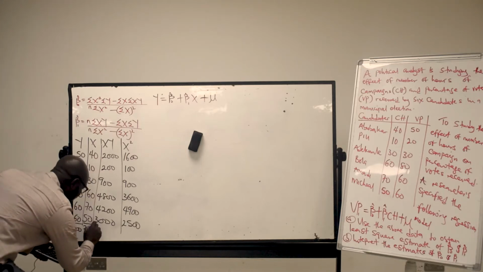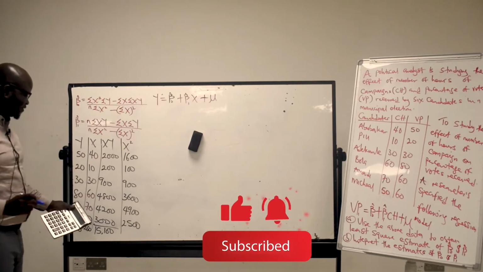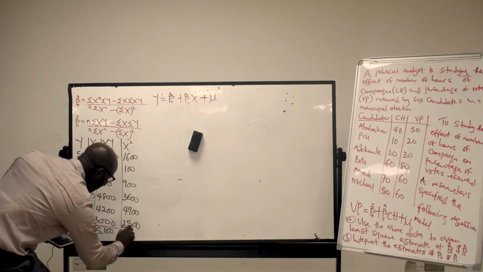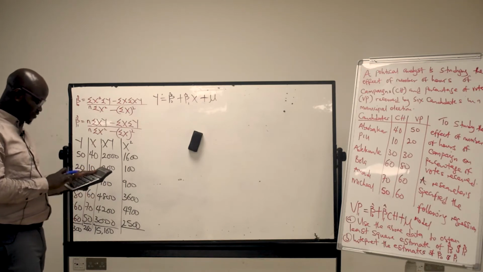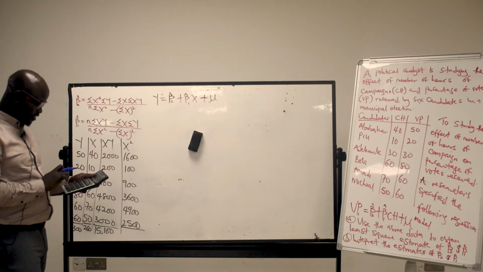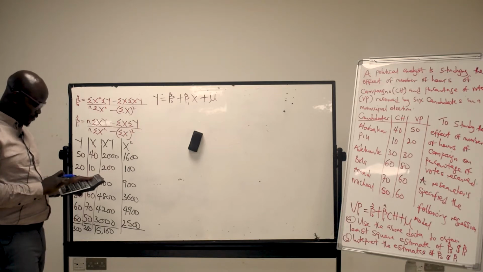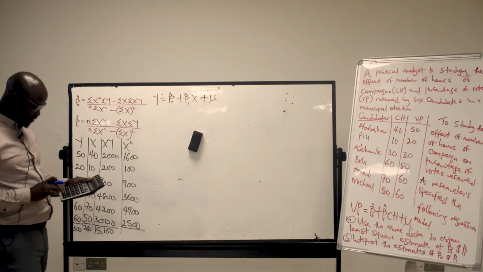Everything is 15,100. And the x square will be 1,600 plus 100 plus 900 plus 3,600 plus 4,900 plus this.